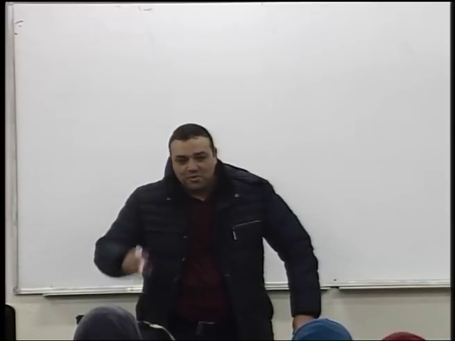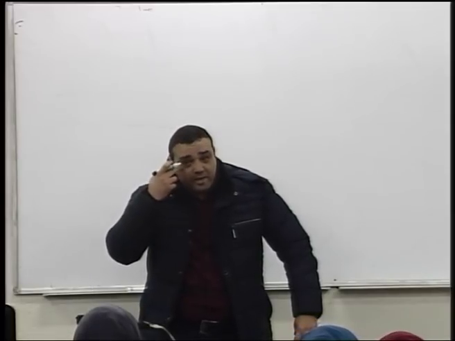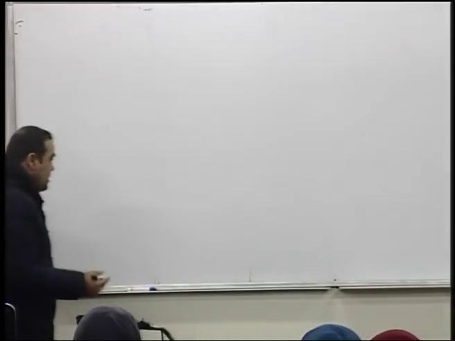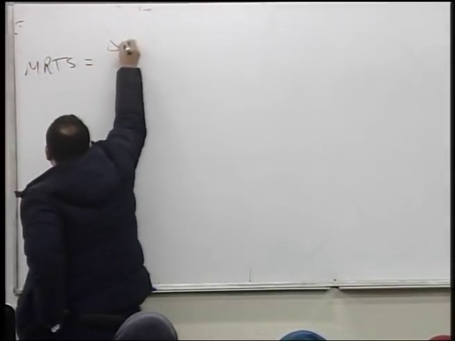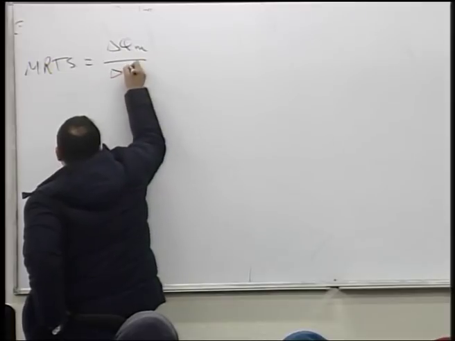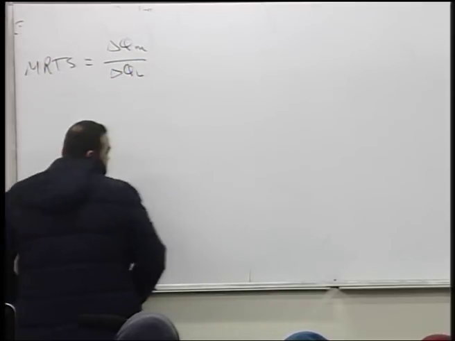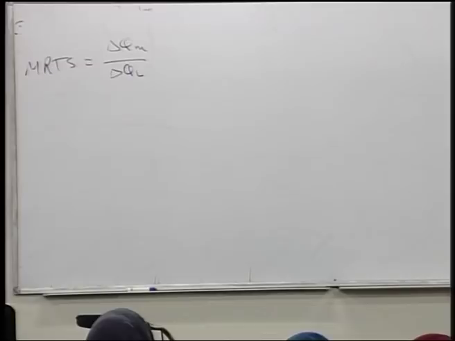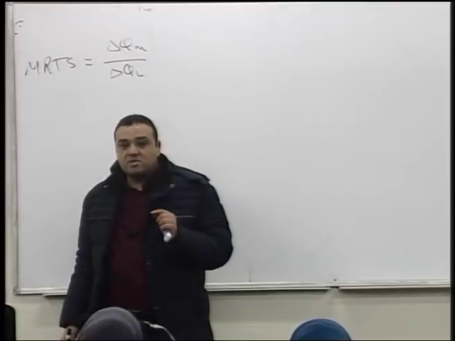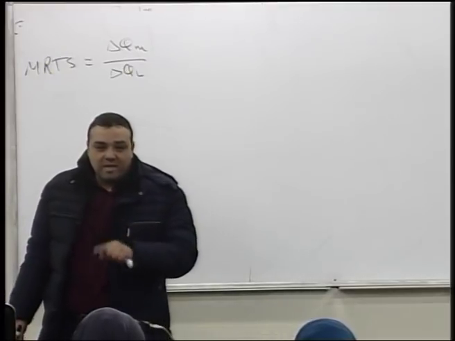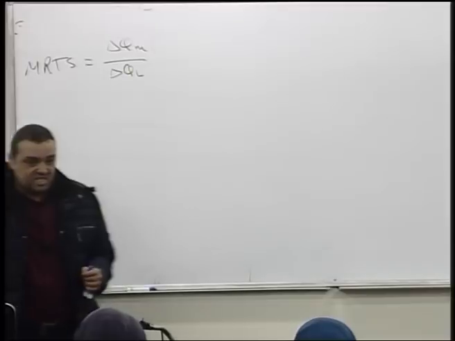Let's come back to the marginal rate of technical substitution. As we said, the marginal rate of technical substitution equals the change in the quantity of machines over the change in the quantity of labor, number of workers. We have another formula, which can be derived from the marginal production of labor and the marginal production of machines.